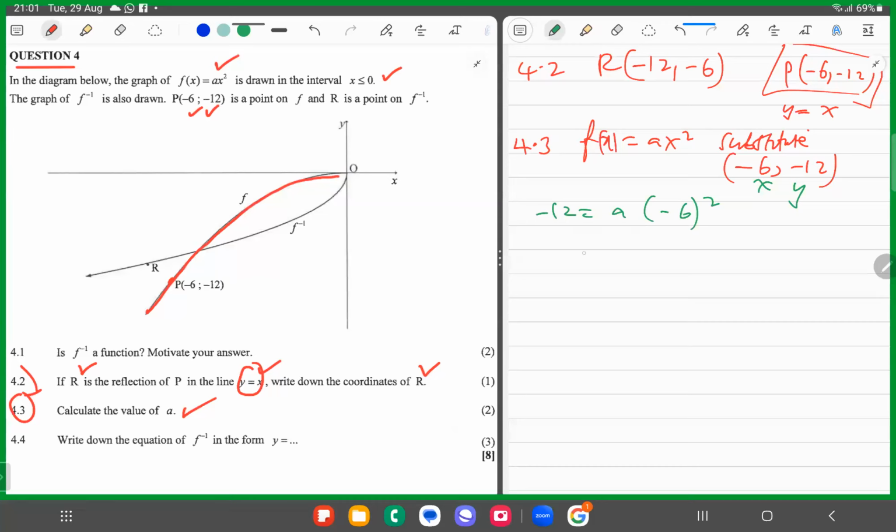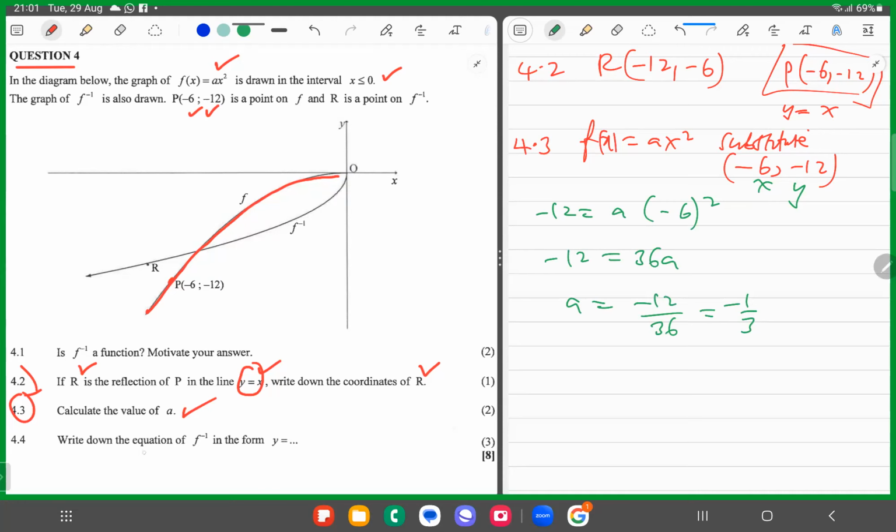You square the 6, you get 36, which means it's -12 over 36, which is -1/3. So 4.3, the value of a is that.